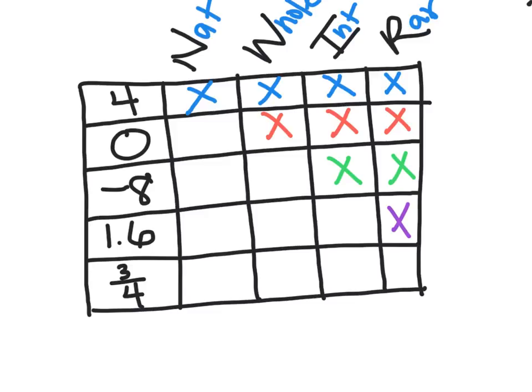It is not a natural number. It's not a whole number. It is not an integer, but it is a fraction. So it is a rational number. And these are the types of questions you will need to be able to answer regarding classifying numbers and number sets.